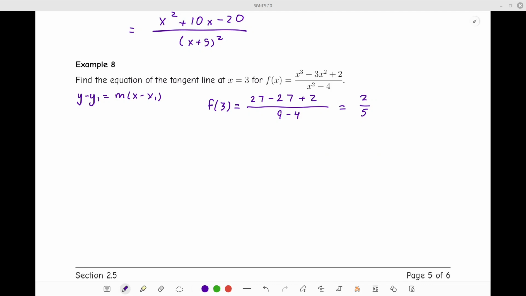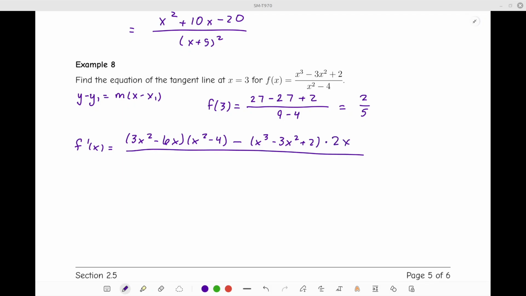And then again, to find the slope, we need to find the derivative. So f prime of x is 3x squared minus 6x, because that's the derivative of the top, times the bottom, minus the top, times the derivative of the bottom, all over bottom squared.